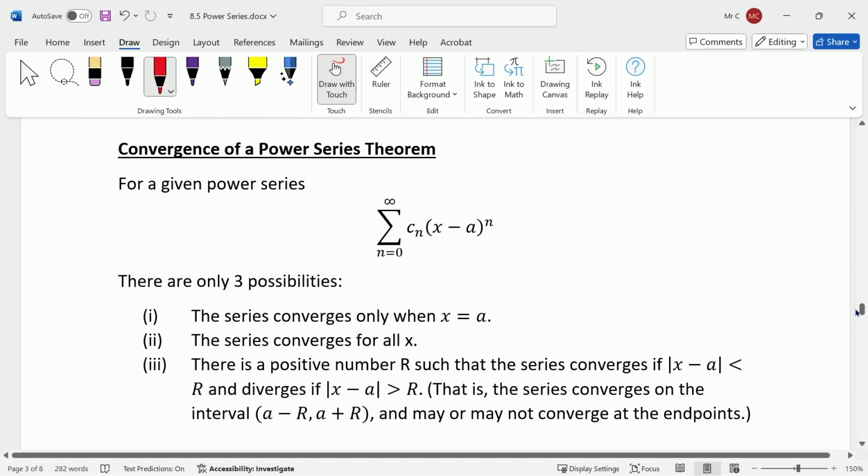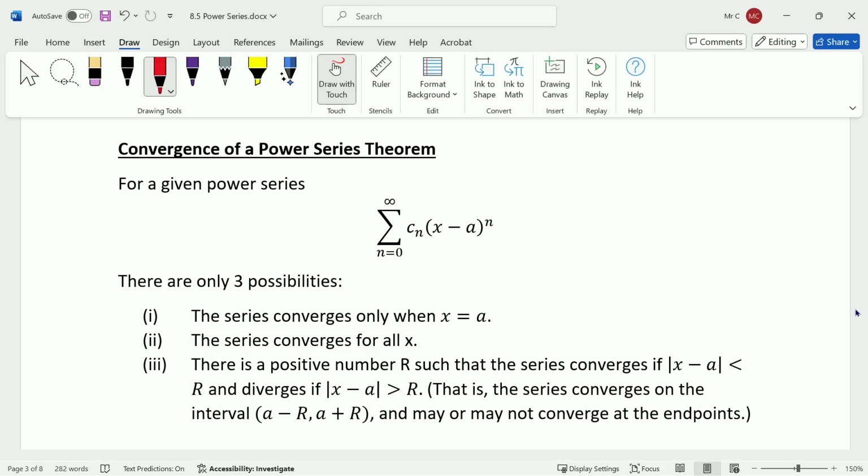Call this the convergence of a power series theorem. And it says that for a given power series of the form the sum from n equals 0 to infinity of c sub n times (x minus a) to the n, there are only 3 possibilities. First, the series converges only when x is equal to a. Second, the series converges for all x.